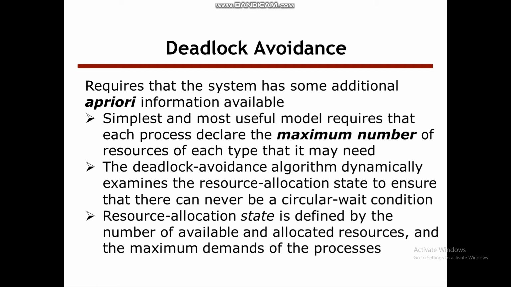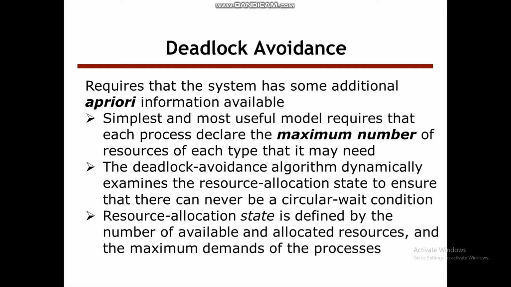When a new process enters the system, it must declare the maximum number of each resource type that it may need. That is, it needs additional a priori information for deadlock avoidance.